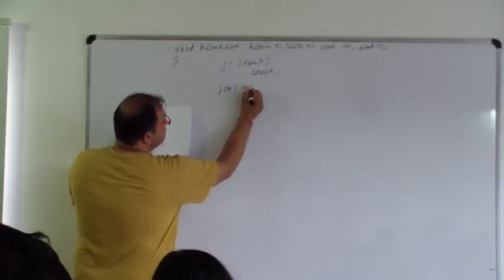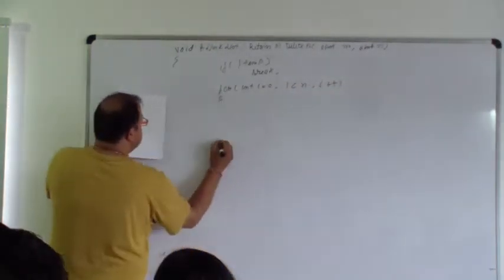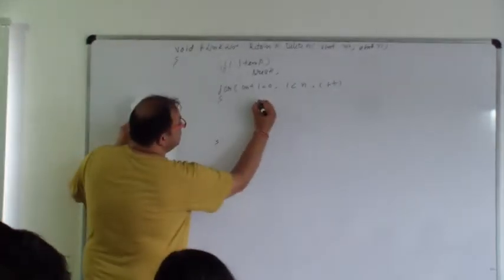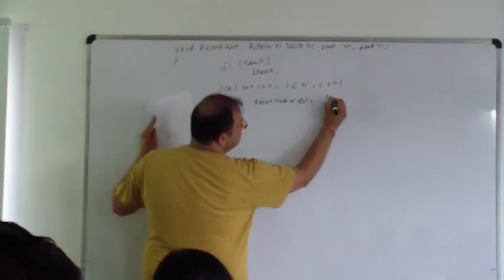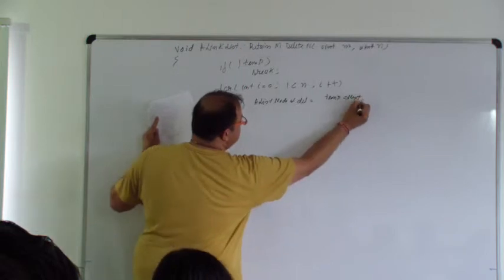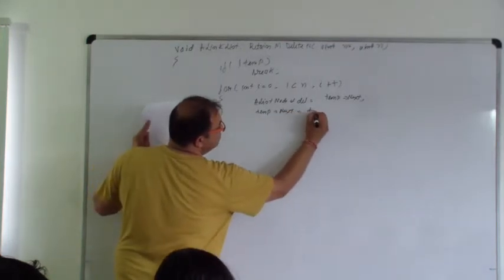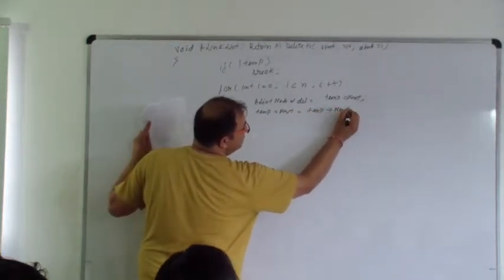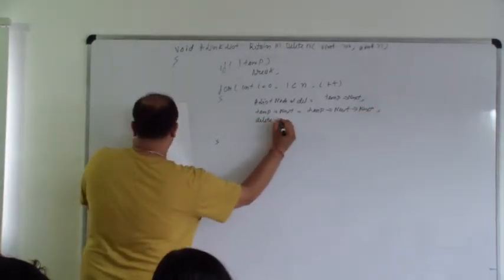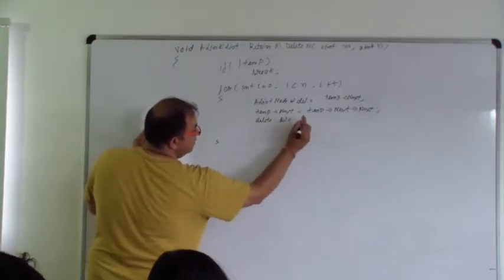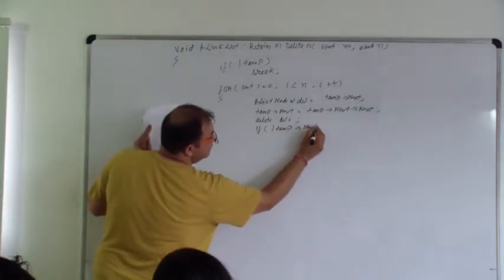For int i equal to 0, i less than n, i plus plus, we will say ListNode star del is equal to temp arrow next, and then temp arrow next is equal to temp arrow next arrow next, and we will say delete del, and we will say if not temp arrow next, break.